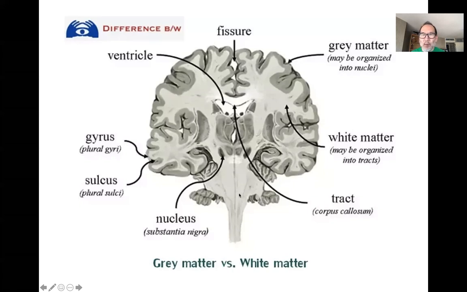This is the brain stem. Later we'll talk about this space right in the center of the brain, referred to as the ventricle. And right between here, you have a bunch of fibers, not illustrated here, called the corpus callosum.